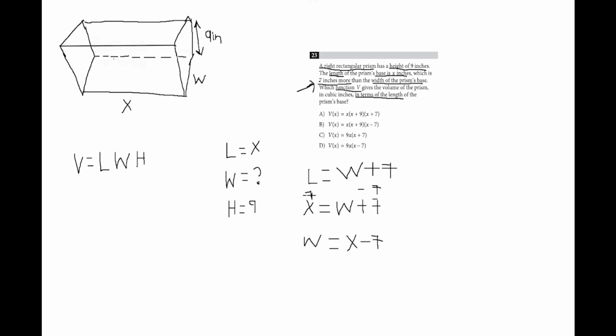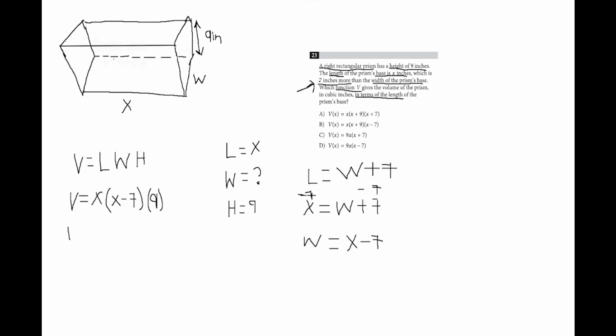With all this information, we have our length, width, and height. Now we can substitute this into our original equation for volume. V is equal to length times width times height, which is x times our width, x minus 7, and then our height, which is 9 inches.